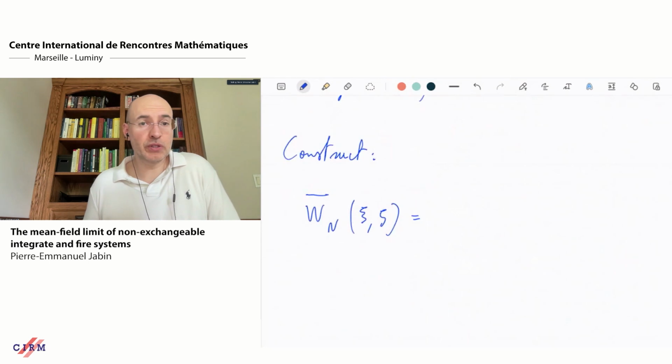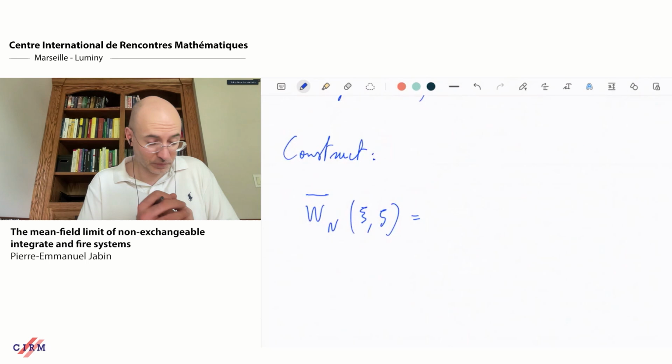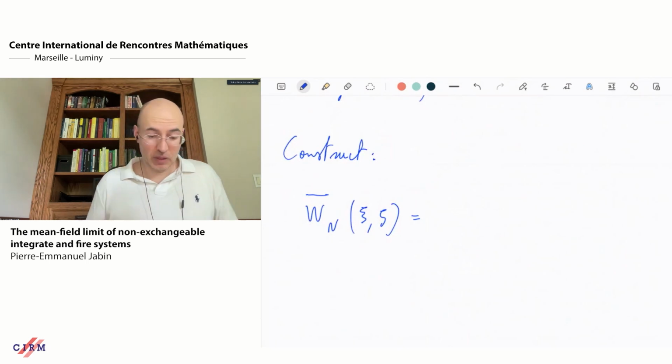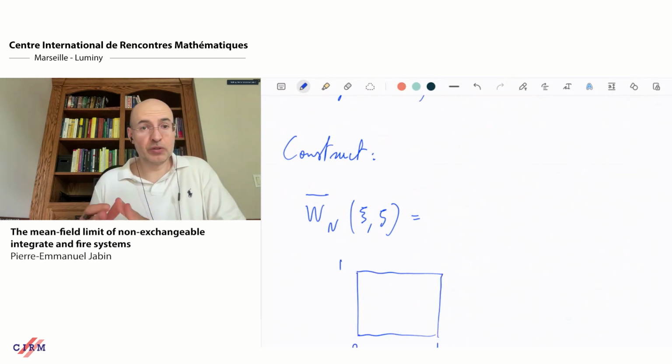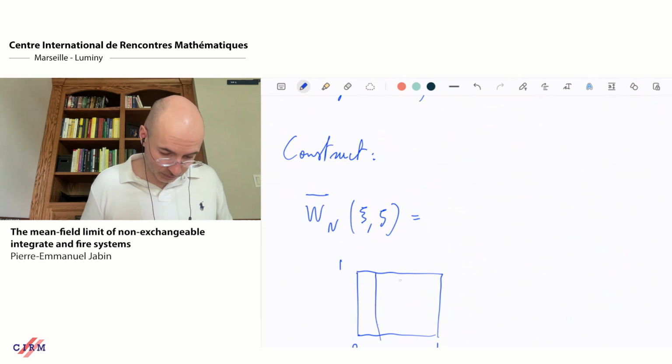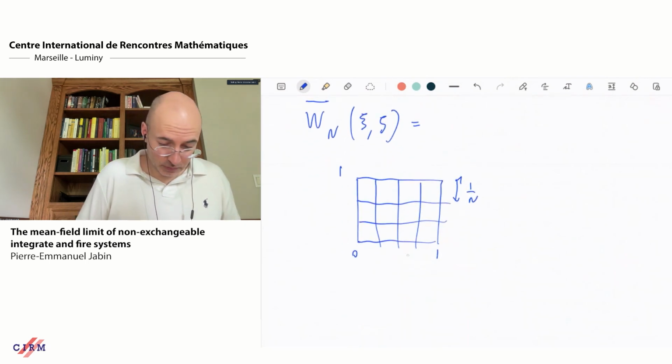And the way I'm going to do this is I'm going to do that inspired by the graph limit. So I'm going to take [0,1] squared, right? And I'm going to cut it into squares of size 1 over n, right? And I'm going to build a piecewise object that at part i and part j puts W bar ij.